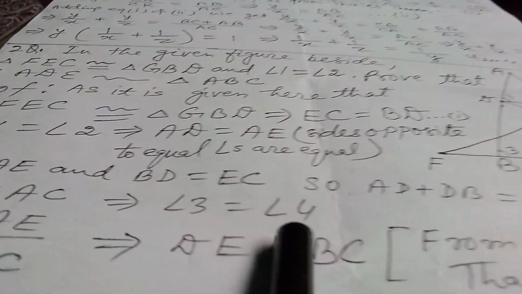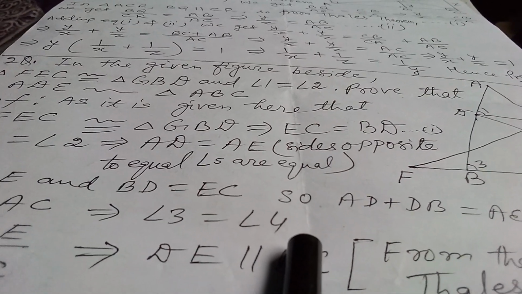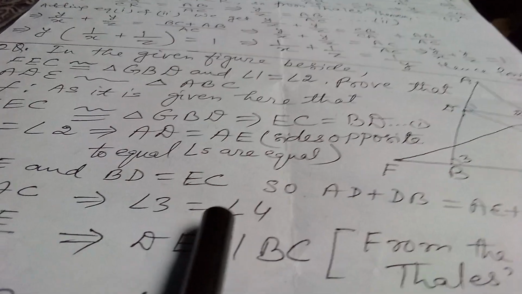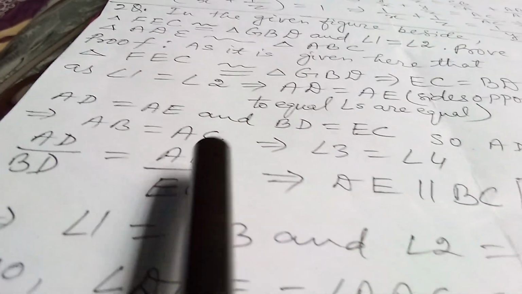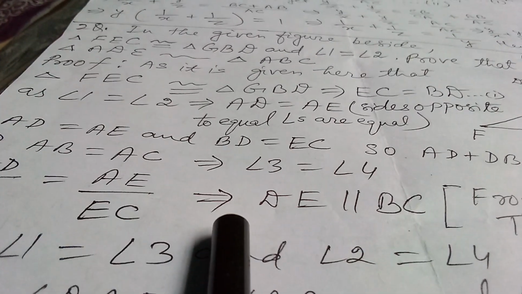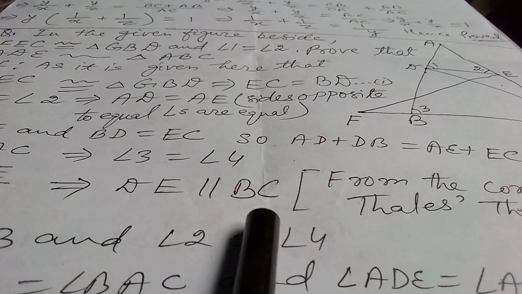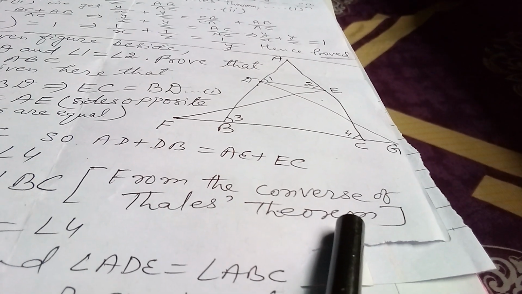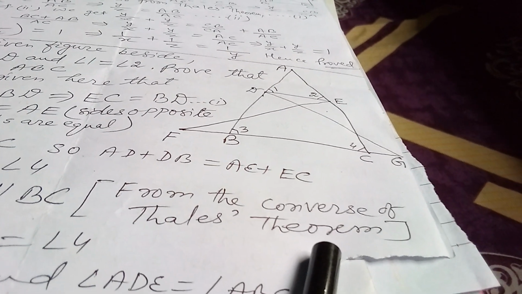This implies angle 3 equals angle 4. That means angles opposite to equal sides are equal. And then AD by DB equals AE by AC. This implies DE is parallel to BC, because of the converse of Thales theorem.